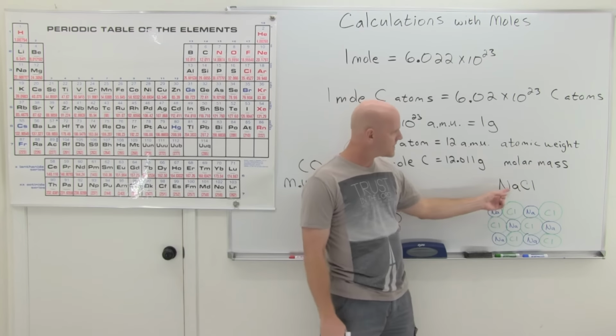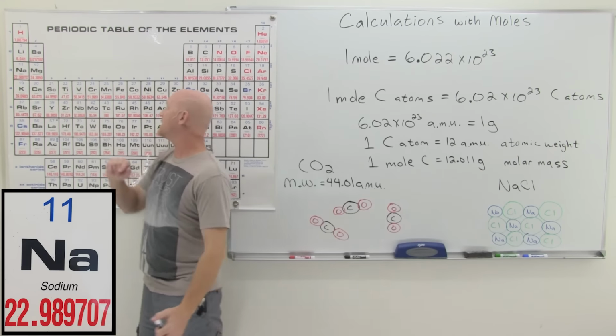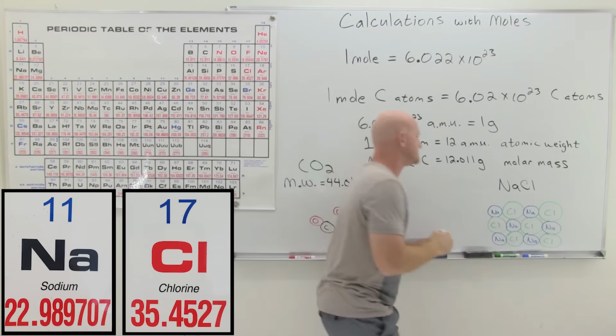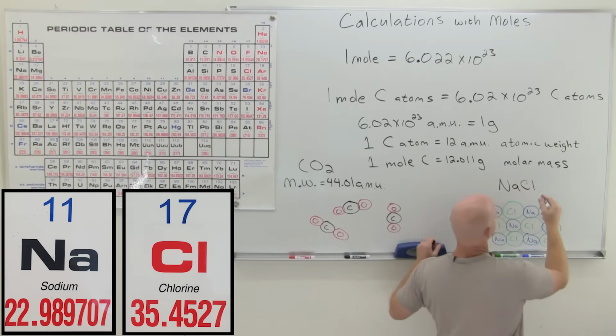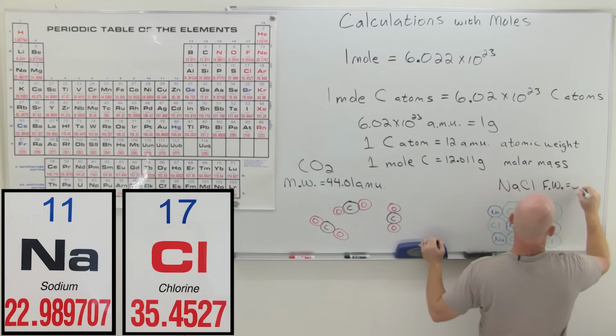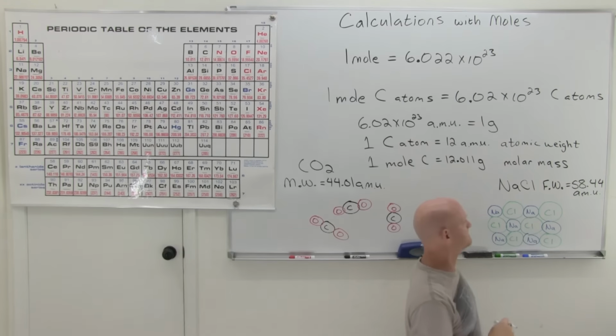So 1 sodium, 1 chlorine: sodium is 22.99, and chlorine is 35.45, and we add those together and get a formula weight, instead of a molecular weight, of 58.44 AMUs.